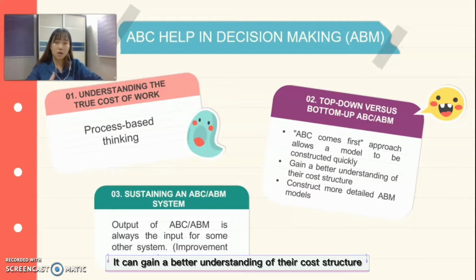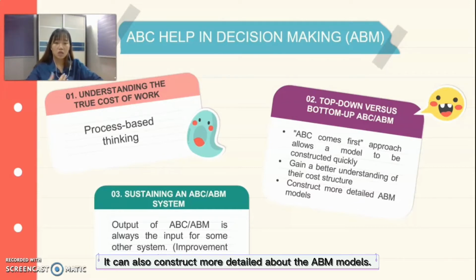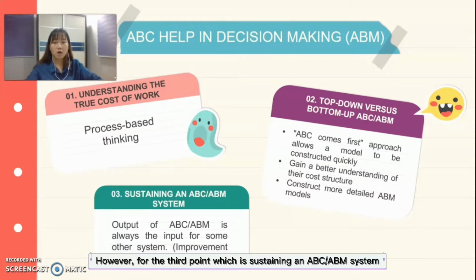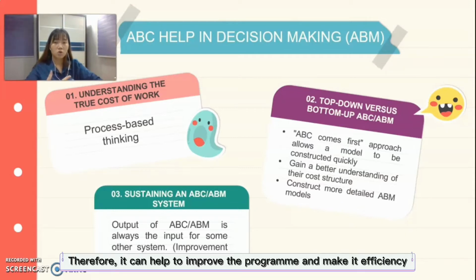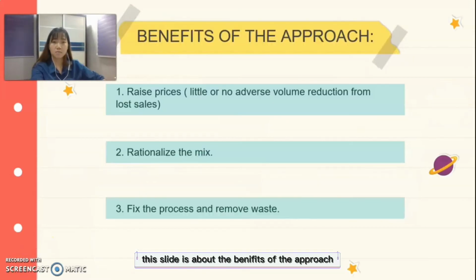Besides that, it can give a better understanding of cost structures. It can construct more details about the ABM models. However, for the third point, which is subtending an ABC or ABM system, the output of the ABC or ABM is always the input for some other system. So it can improve the program and make it efficient.